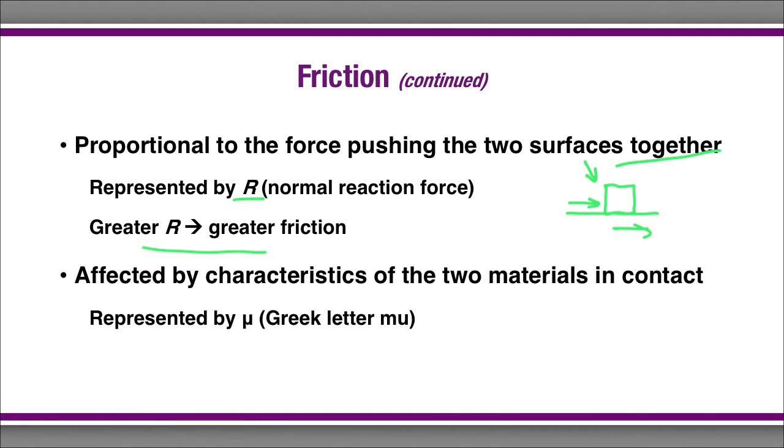Friction itself is also affected by characteristics of the two materials in contact, and this is called the coefficient of friction and is represented by the Greek letter mu right here.